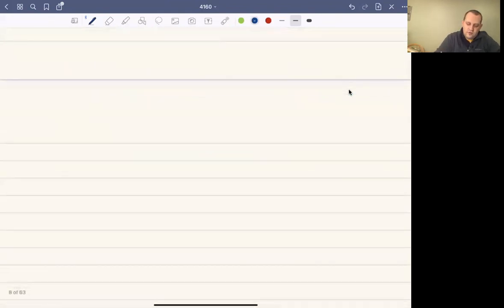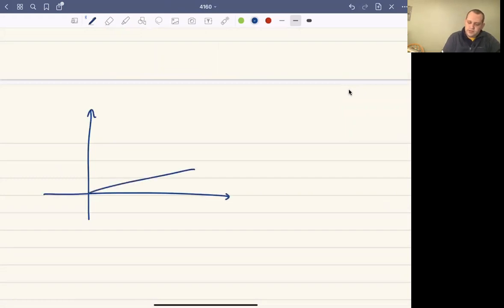So if you were to take two complex numbers, say z and w. So here's z, the argument of z, we called it theta 1. The argument of w, we called it theta 2.